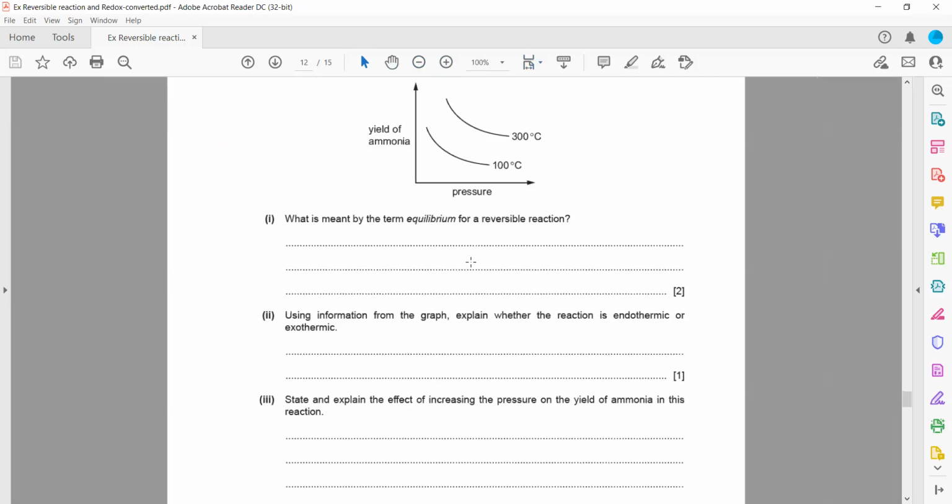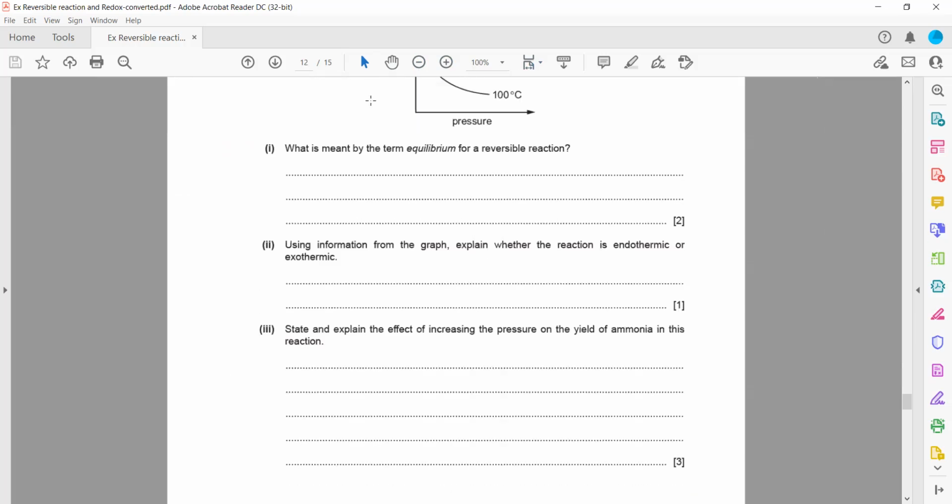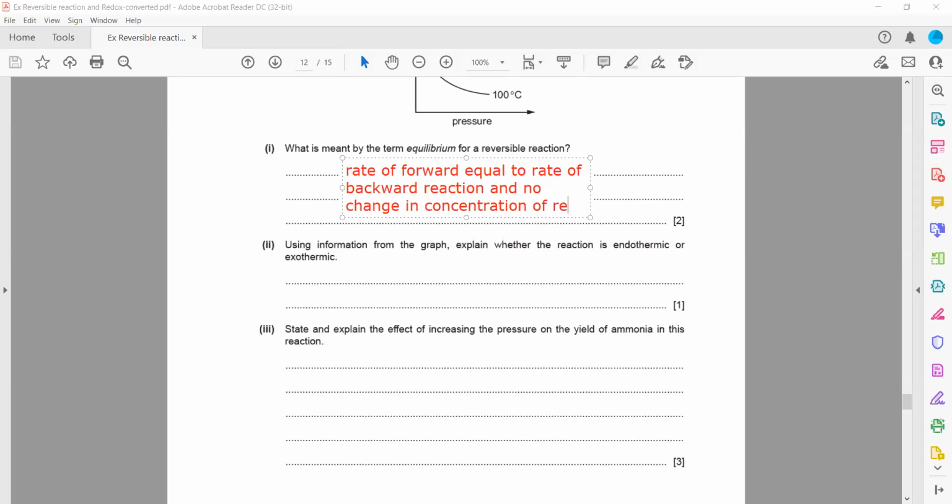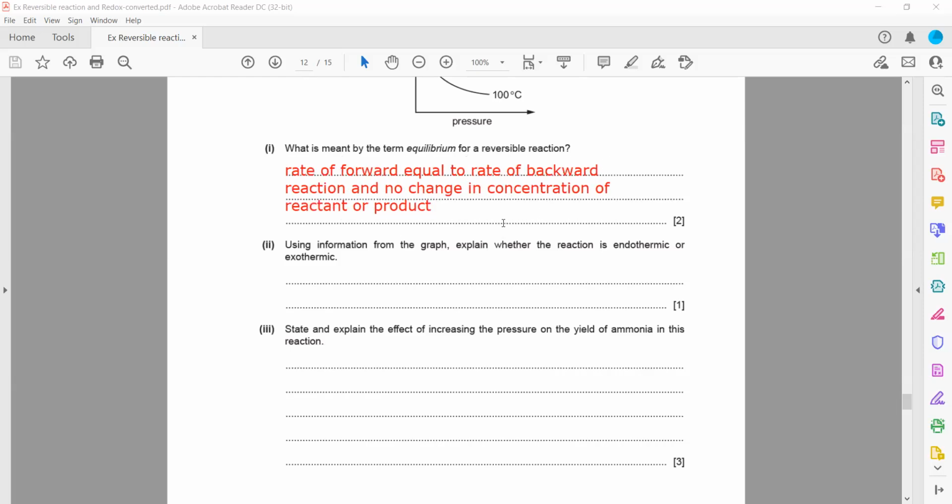The term equilibrium means that the rate of the forward reaction is equal to the rate of the backward reaction and there is no change in concentration of reactant or product. So the amount of the reactant and product won't change, and the speed at which the formation and the decomposition occur will be the same.